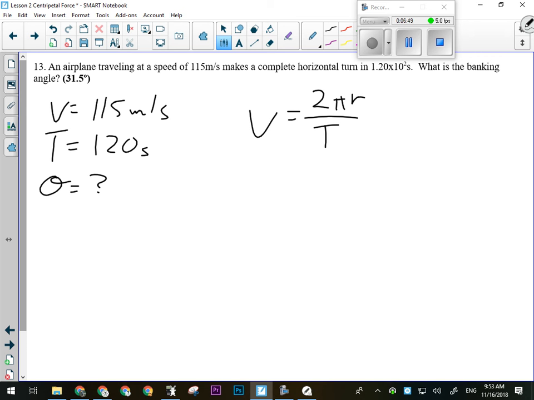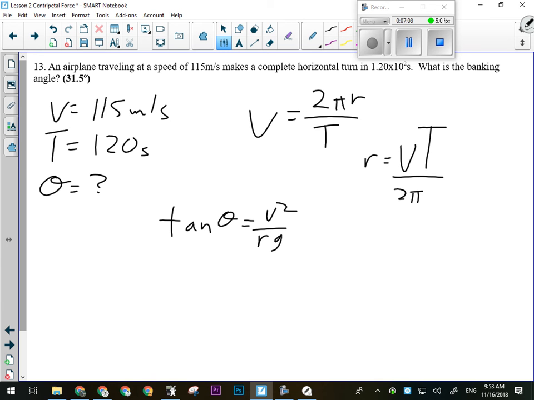What can I find? Radius, and I need that if I'm going to use the bank curve formula, because that's what this is. It is a bank curve. That's going to be V squared over R times G, so I need R for that. I'm going to calculate what R is. R will be V times T divided by 2 pi.